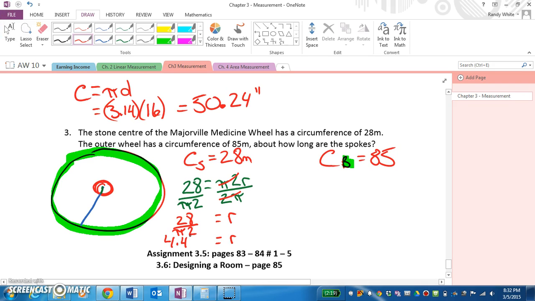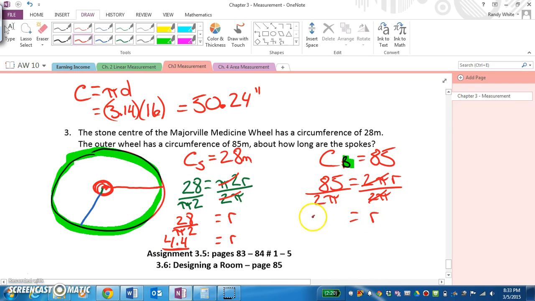Now the big circle, I need to know what the radius is. So the big circle is going to be from here to here is what the radius will be. But I'll have to get rid of that part later. So basically, once I know the radius of the big circle, I'm going to subtract the 4.4. So I'm going to do the exact same thing. My circumference was 85, 2 times pi times my radius. So I'm going to divide both sides by 2 times pi.